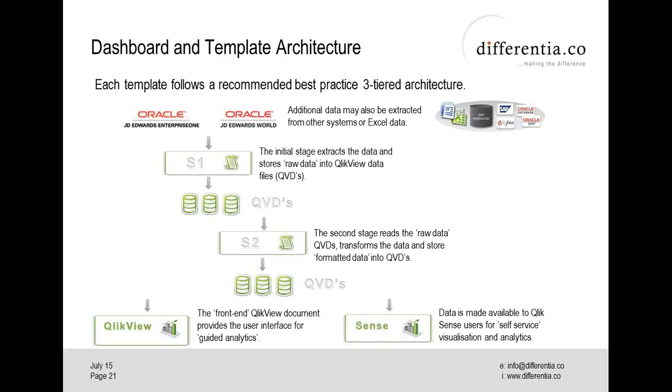The added benefit of using this structure is that Stage 1 and Stage 2 of the extract and transform can be kept very much within IT or the people who know the database, which allows the freedom for the business users to take the front end and develop without needing to understand or know the JD Edwards tables. When these dashboards at the bottom here are accessed by the users, the data within those is stored in memory.